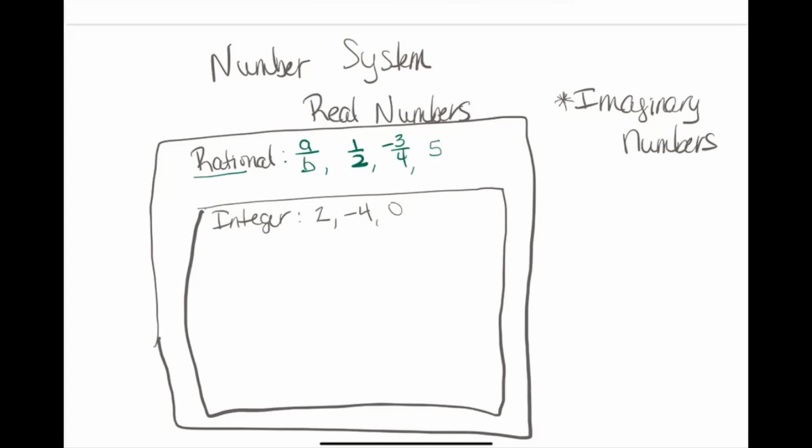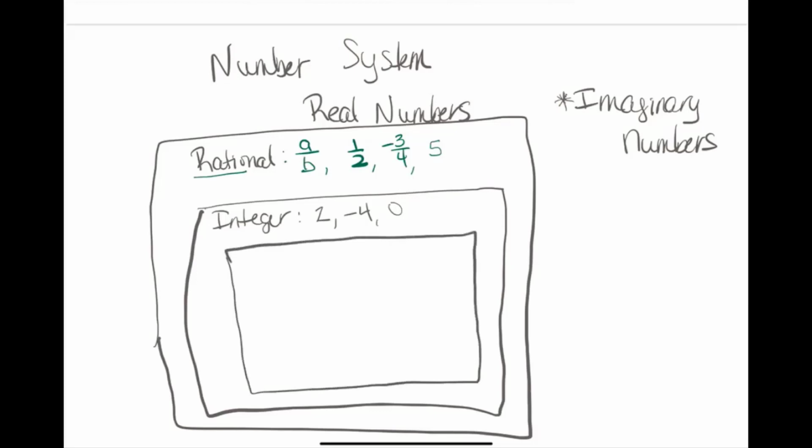And then if we want to get even a little bit more specific, drop it down another level, we can go down to whole numbers. Examples of whole numbers would be 0, 1, 2, and 3.